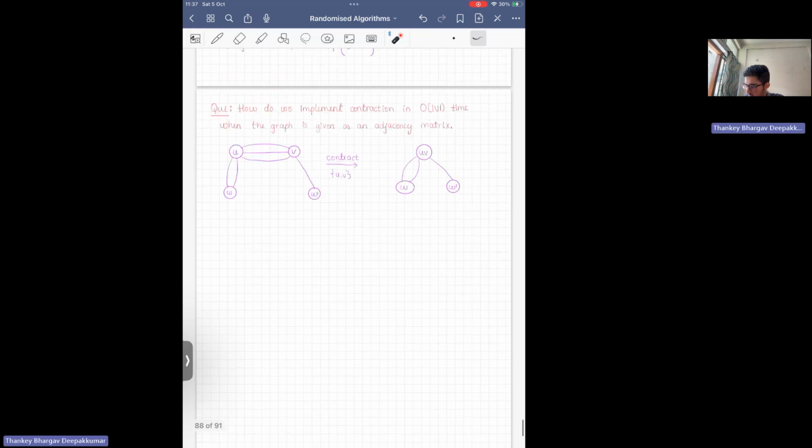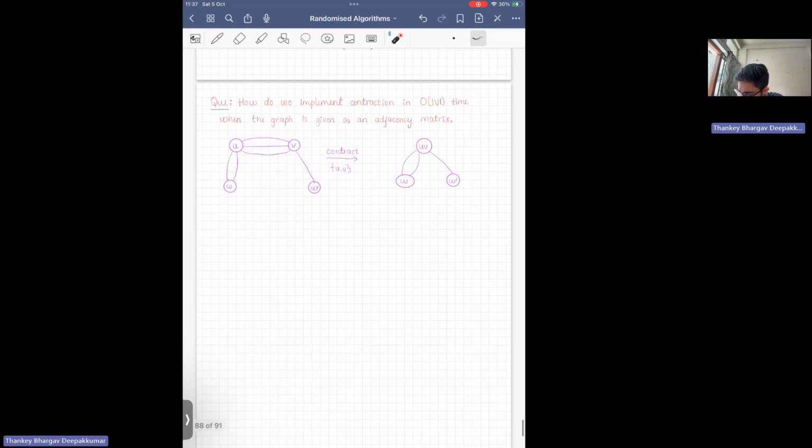Now that we know how to give an adjacency matrix representation, let's look at an algorithm to implement this operation. Let's say I want to contract U and V. So what will we do? We'll do this for all W in the vertex set.